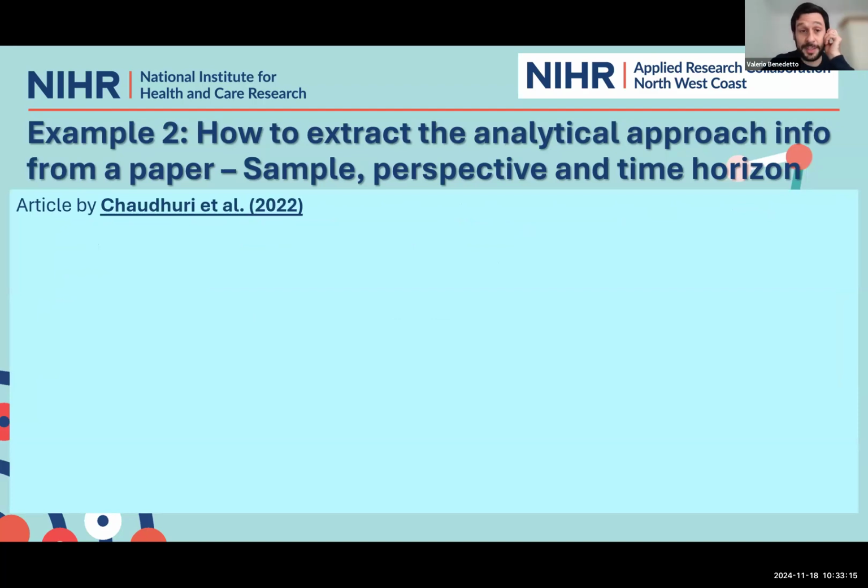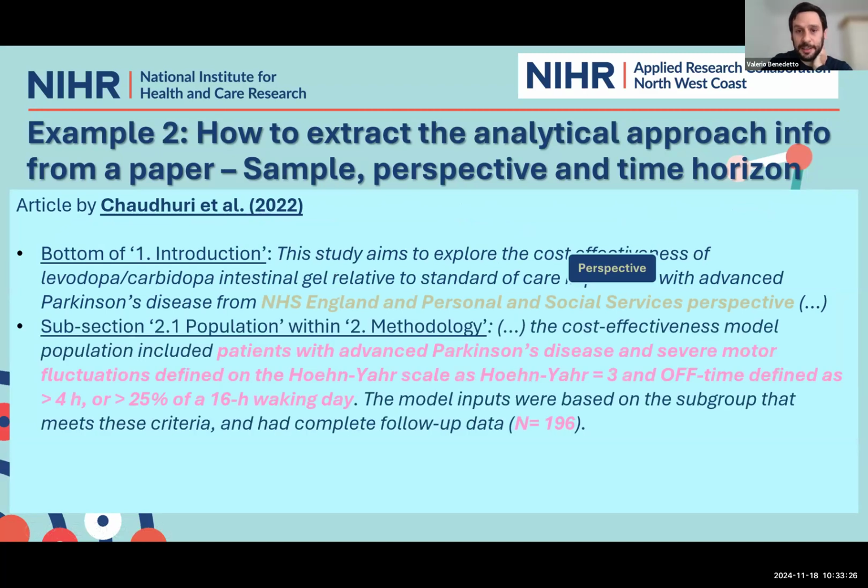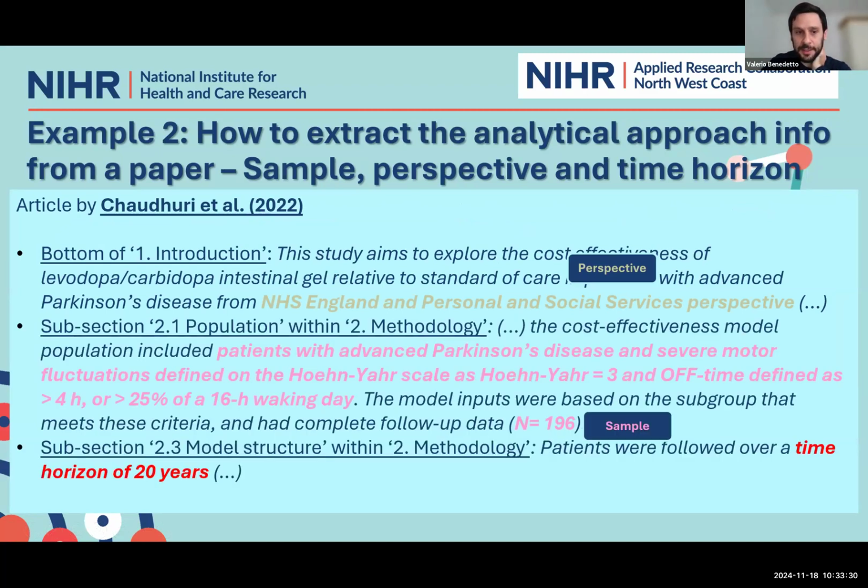And here you've got the example again using the article on the advanced Parkinson disease interventions. You've got information about the perspective, which was at the bottom of the introduction. And then in the method section, information about the sample highlighted in pink, and the time horizon again within the method section. We had a time horizon of 20 years.